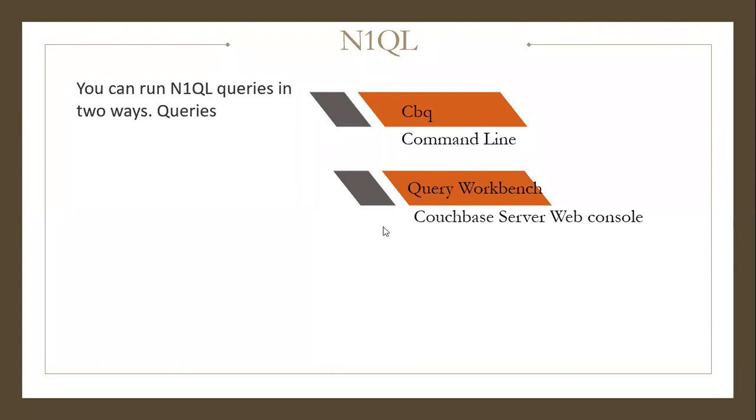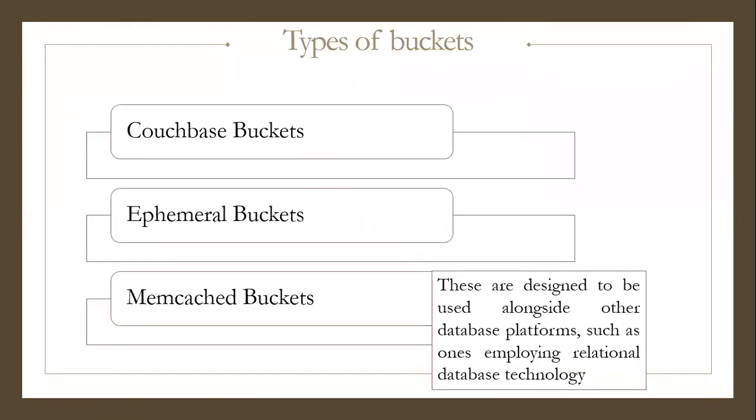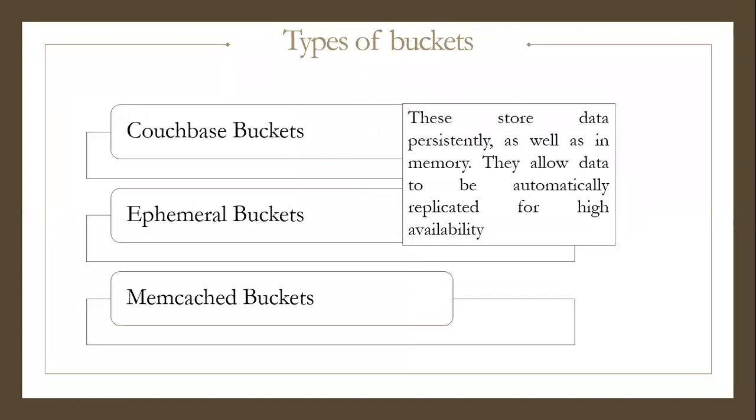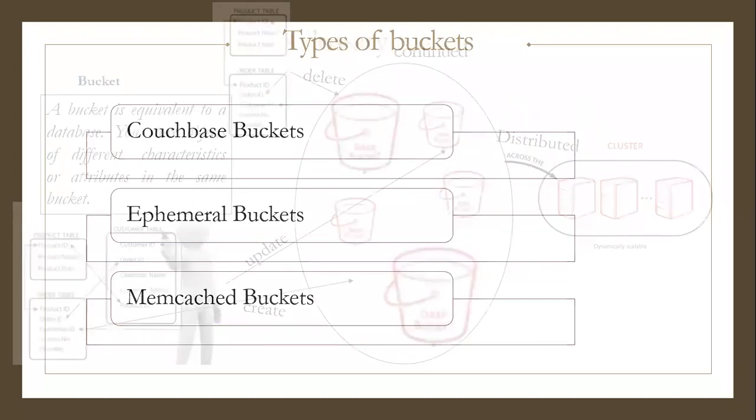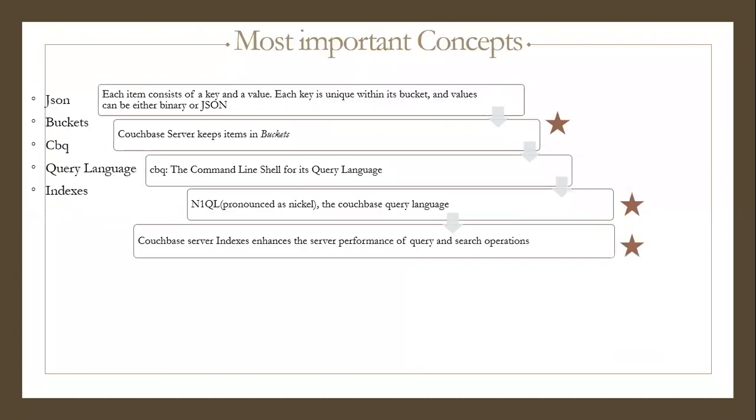Suresh, one more question. Will it always be in JSON format when it is saved? Yes, sir, it will be in the JSON format only. And is this the same for all NoSQL databases?